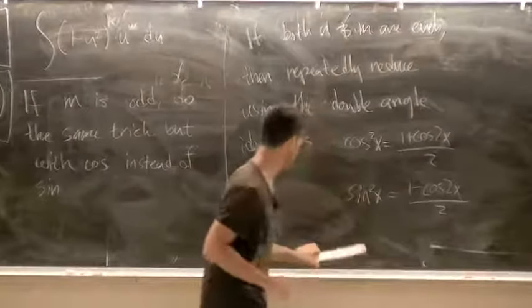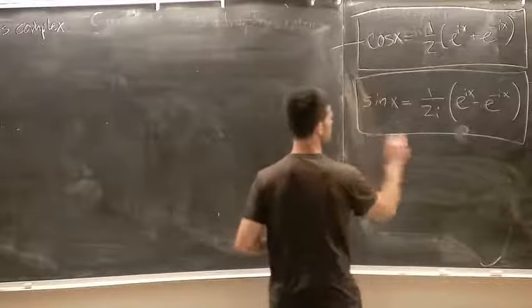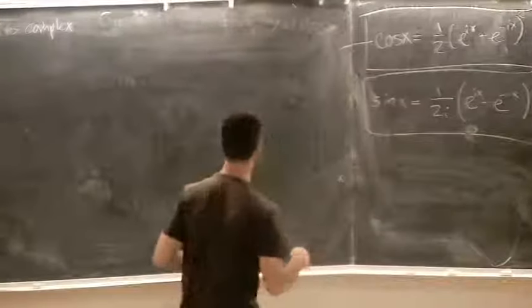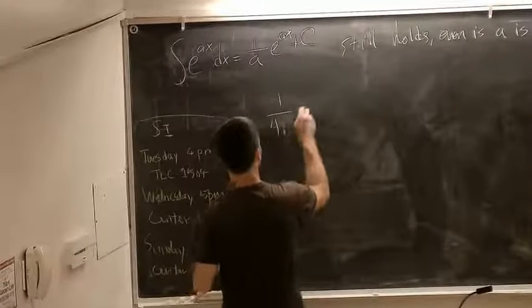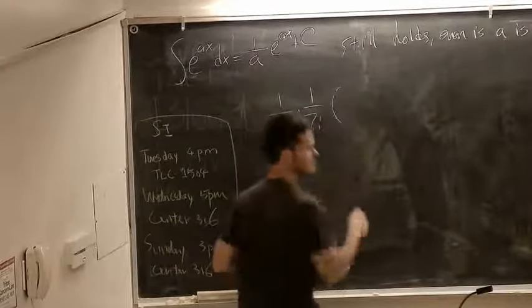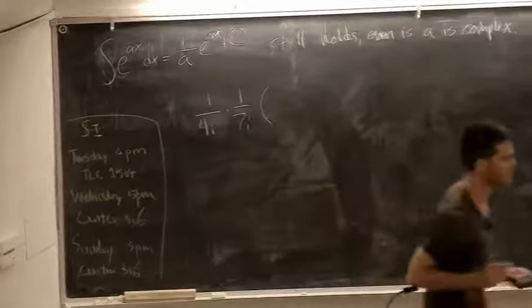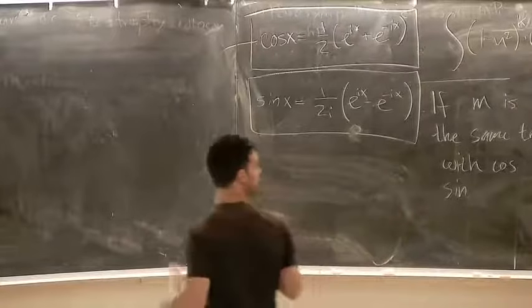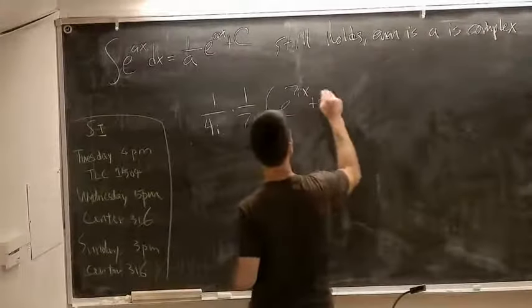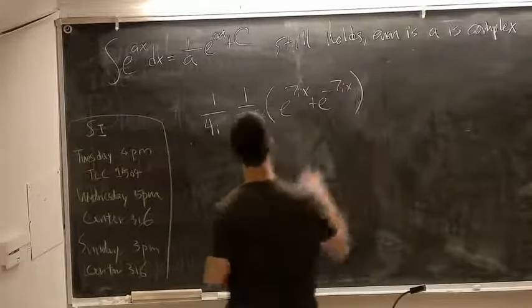The way the simplifying works is you look for opportunities to reapply these two formulas. So that'll be a 1 over 4i times a 1 over 7i. If I combine the first and the last term, it's e to the 7ix plus e to the negative 7ix.